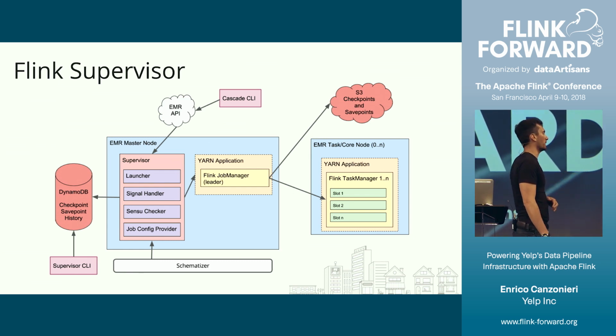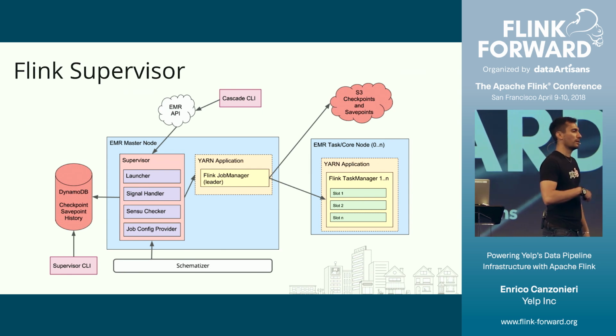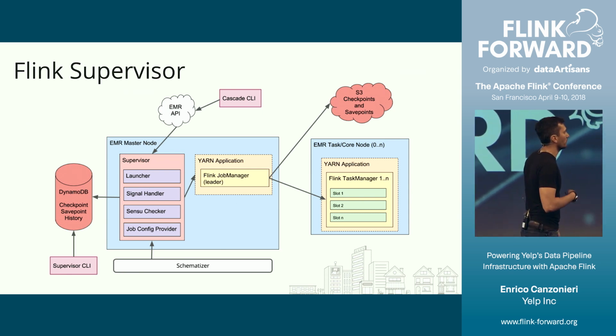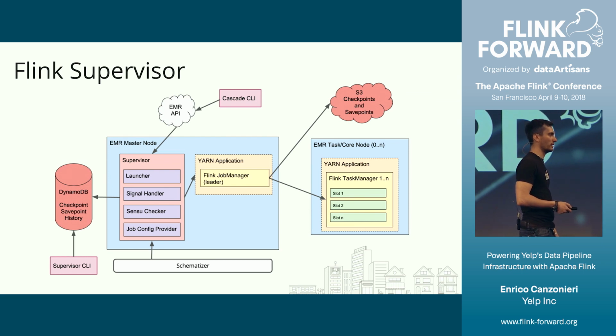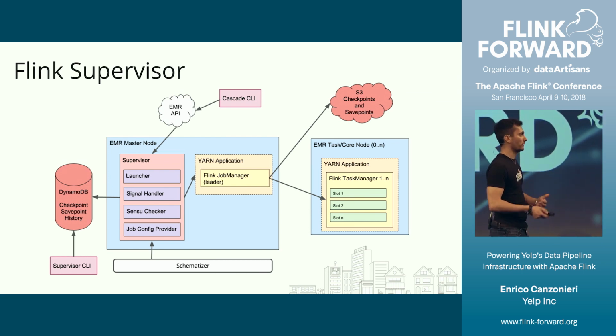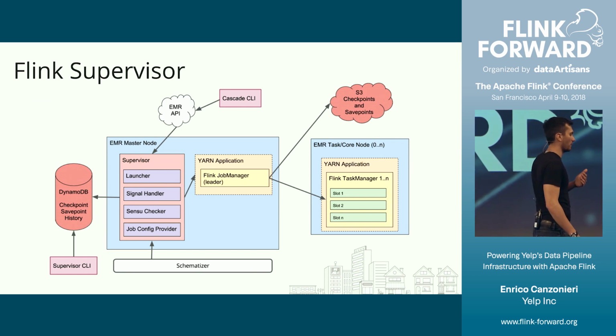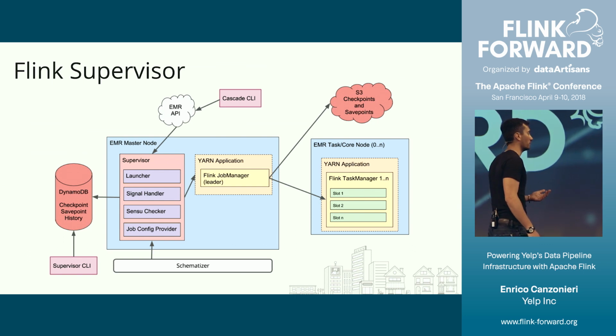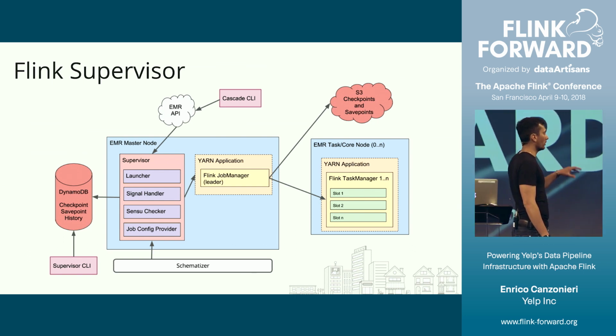It's a long-running Python process that takes care of managing the Yarn session, launching the Flink cluster, running all the jobs whenever we need to run them, restarting the jobs if they fail, and alerting whenever a job is not coming back up. It also manages the checkpoints and savepoints.